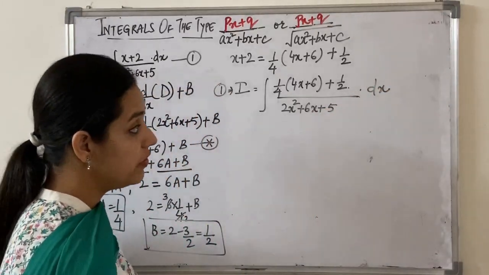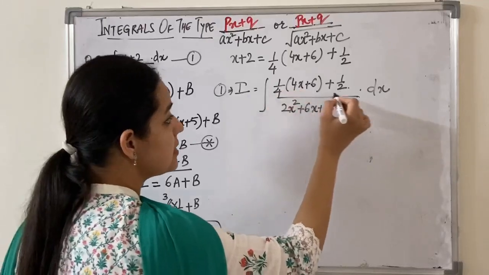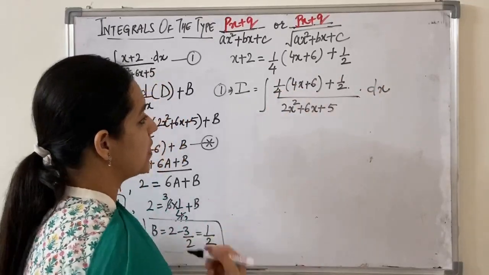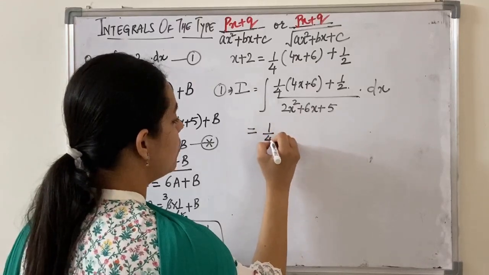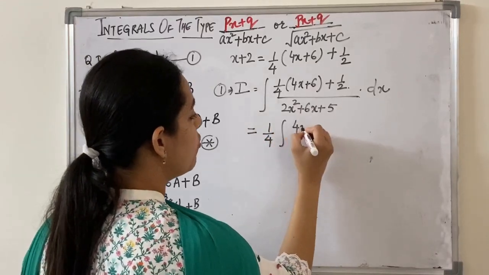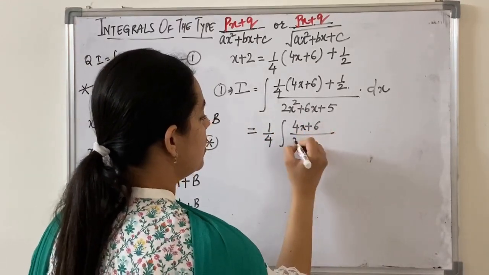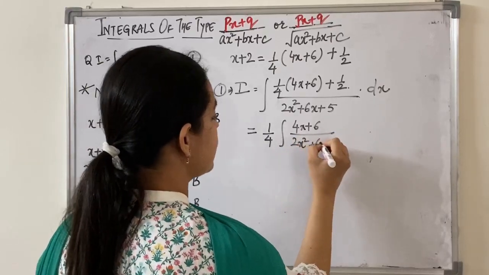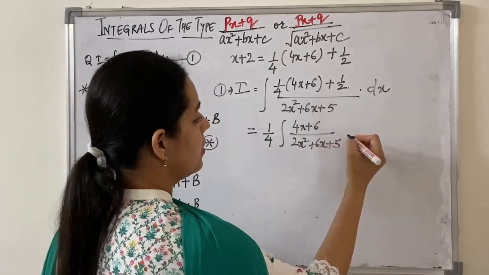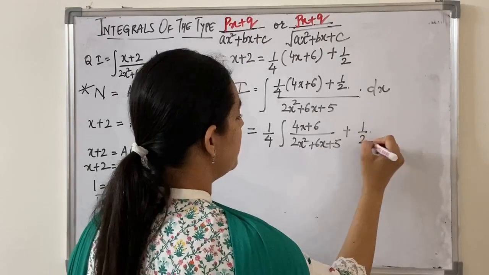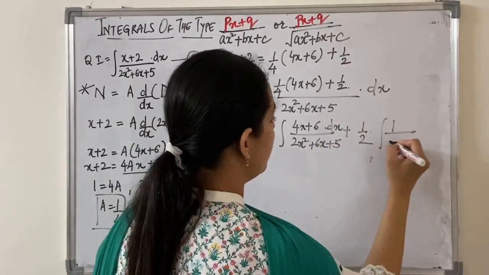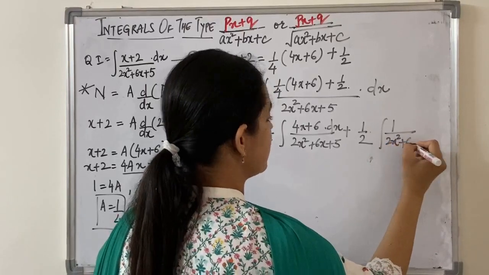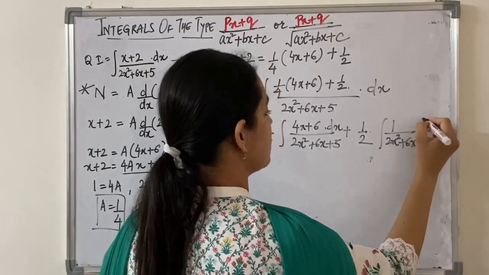So to solve it further, what we can do, we can separate the numerator with respect to the denominator to get the integrals as 1 upon 4 integral of (4x plus 6) upon (2x square plus 6x plus 5) plus 1 upon 2 integral of 1 upon (2x square plus 6x plus 5) dx.